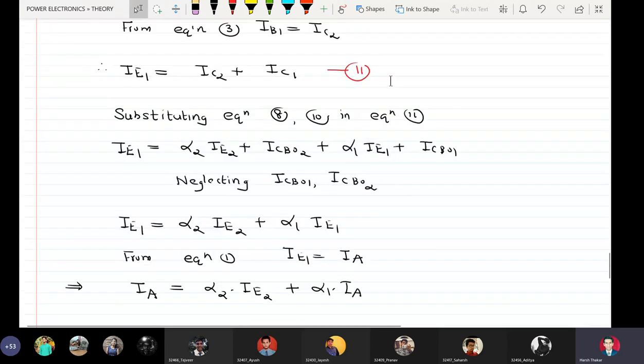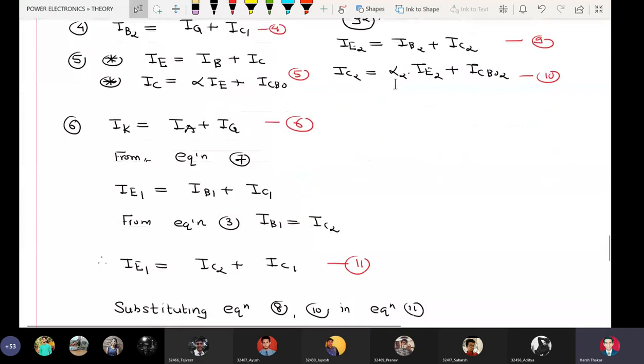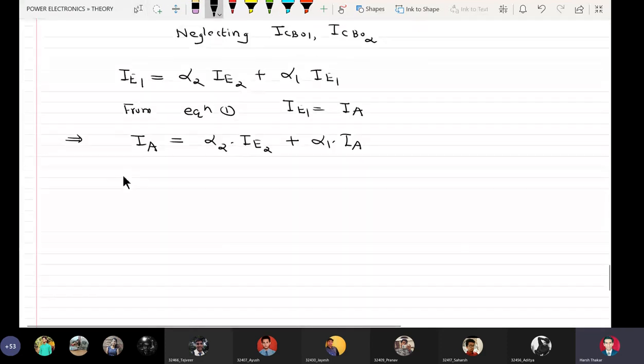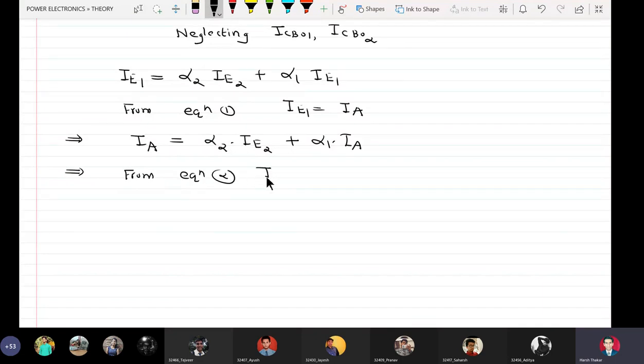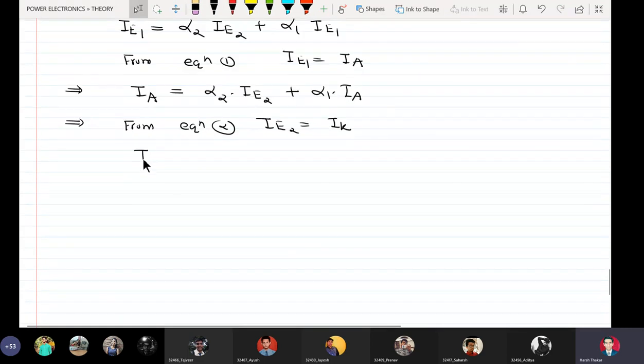Now also we have IE2 is equal to IK, from equation number 2. So I can write down IA is equal to alpha 2 into IK plus alpha 1 into IA.